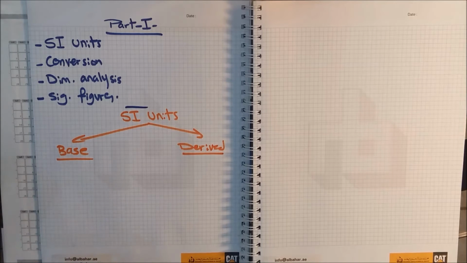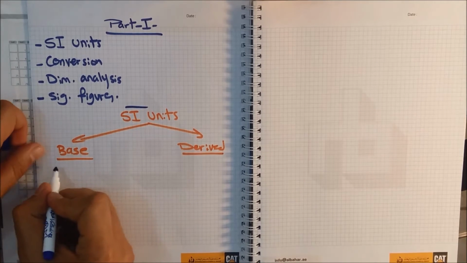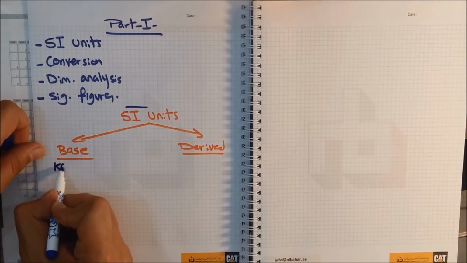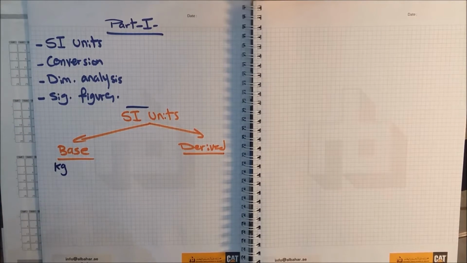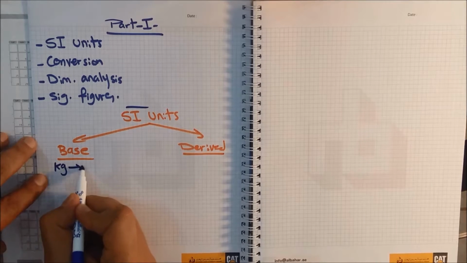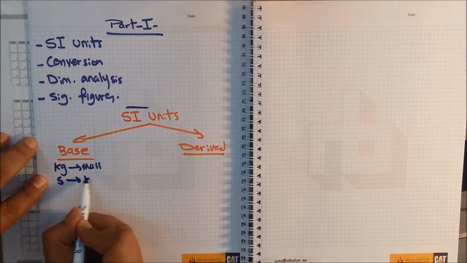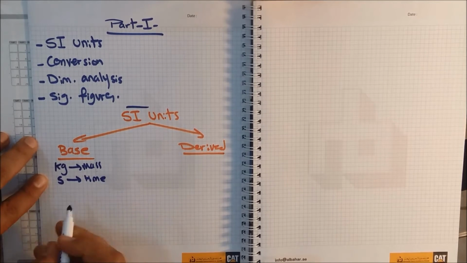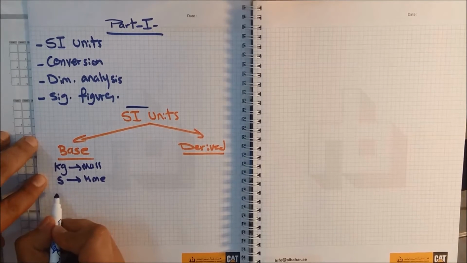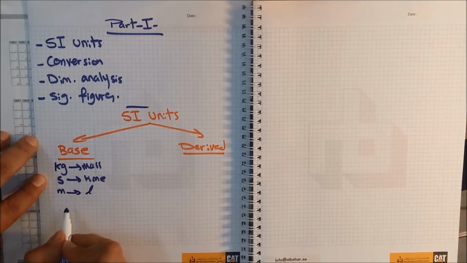So, for example, if you need to measure the mass, we use kilograms. For time, we use seconds. For length, width, height, distance, displacement, we use meters.